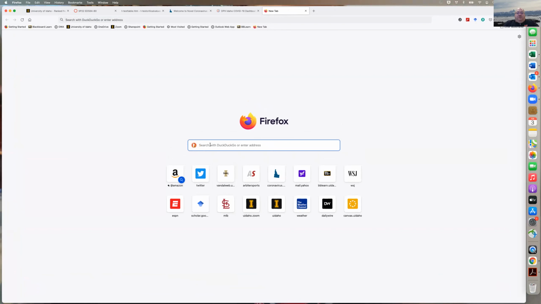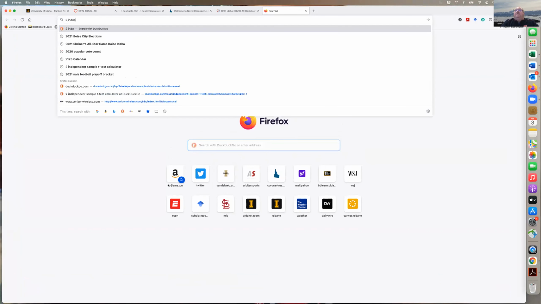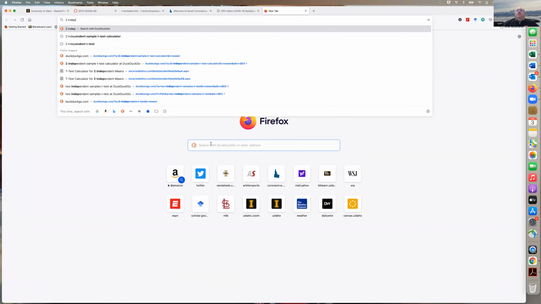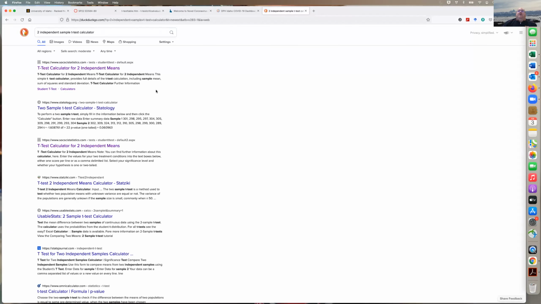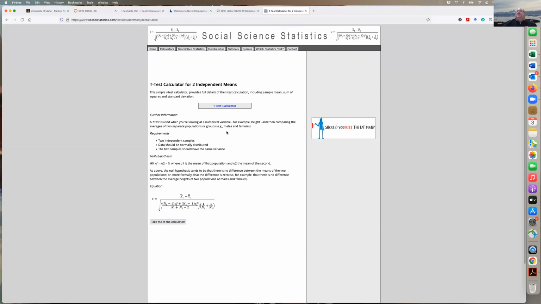So just go in and Google two independent sample t-tests, and it's going to come up because I've done this numerous times. You'll see there's numerous t-tests that you can go into. The one that I found that's very user-friendly is this one from Social Statistics. It'll show you the actual formula for doing a two independent sample t-test, and then it will take you to the test calculator.